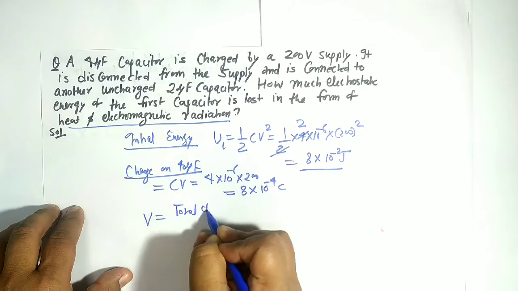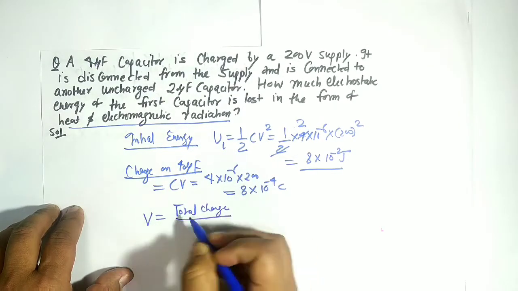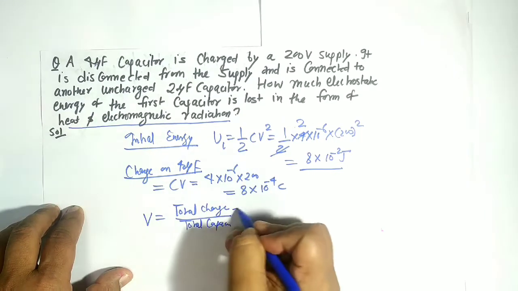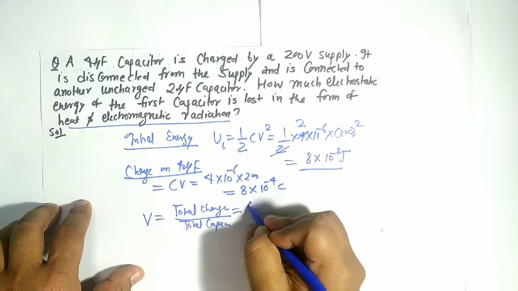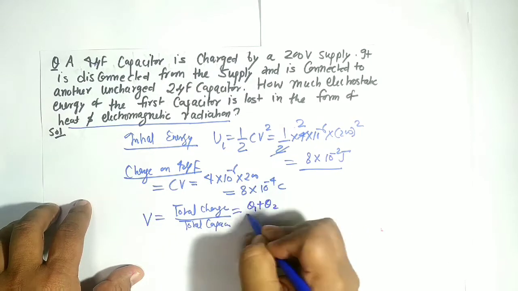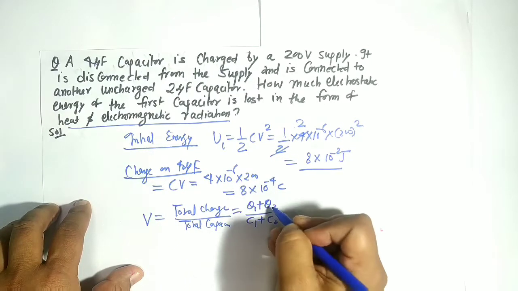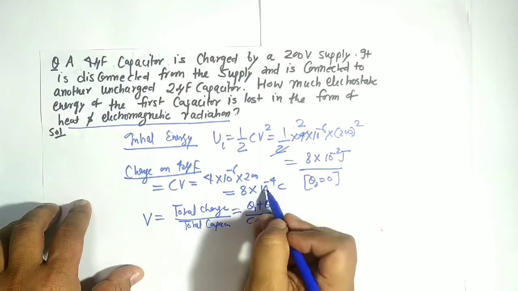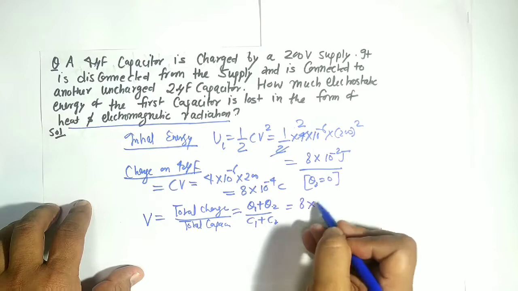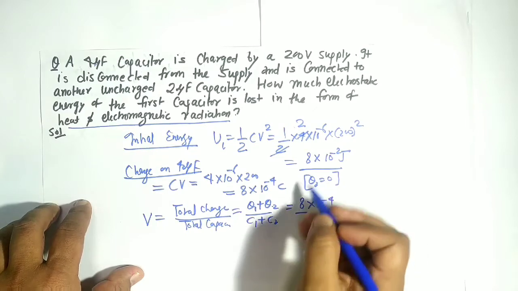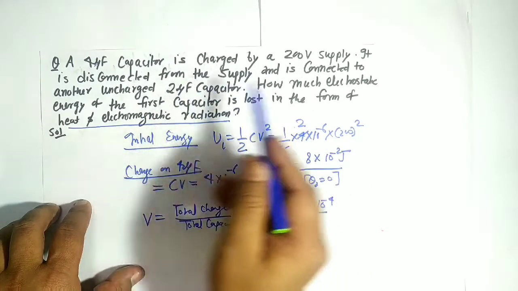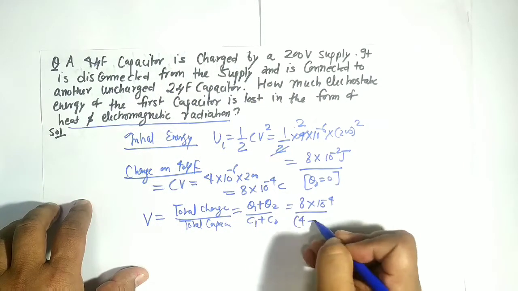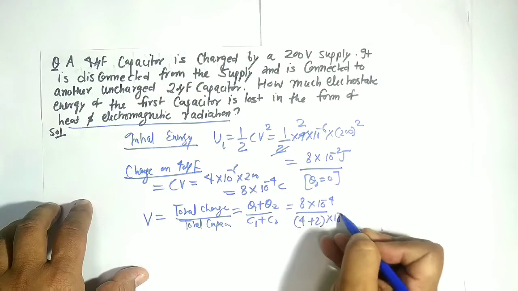Total charge upon total capacitance. It will be Q1 plus Q2 upon C1 plus C2. But Q2 is 0 because the second capacitor is uncharged. So Q1 is 8 into 10 to the power minus 4. And what is C1 plus C2? This is 2 and this is 4. That means 4 plus 2 into 10 to the power minus 6.